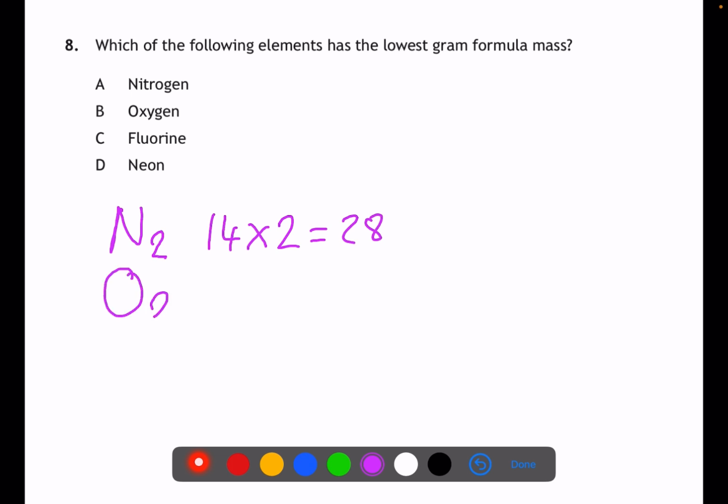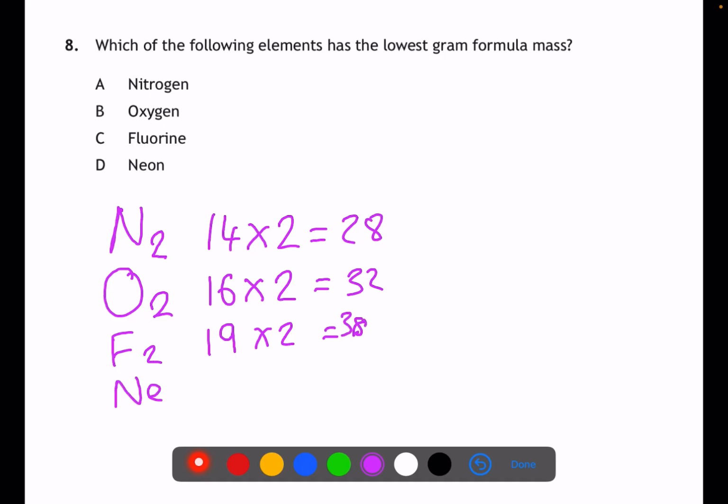Oxygen is also diatomic, so has a gram formula mass of 16 times 2, 32. Fluorine, another diatomic, has a gram formula mass of 19 times 2, 38. And neon is monatomic, it's a noble gas, so its gram formula mass is 20. This means that neon has the lowest gram formula mass of these 4.